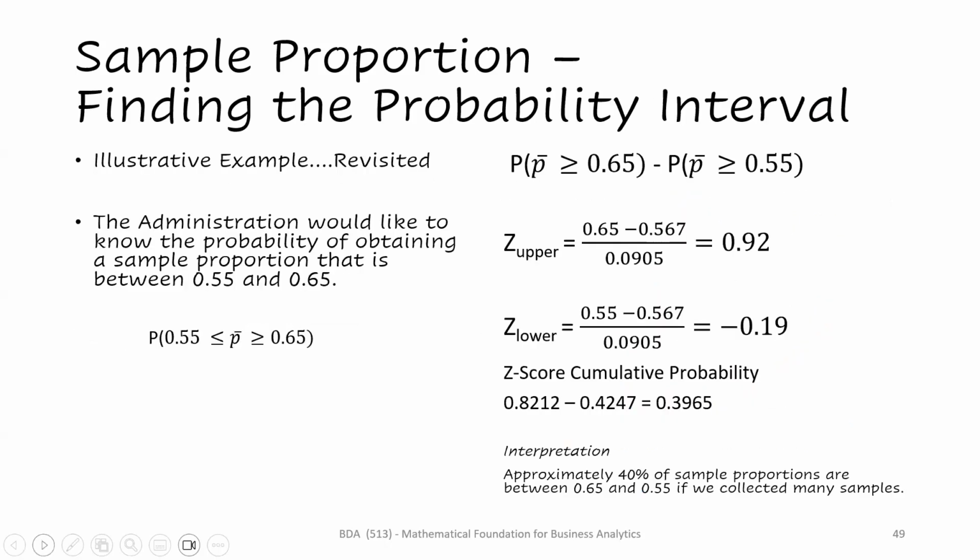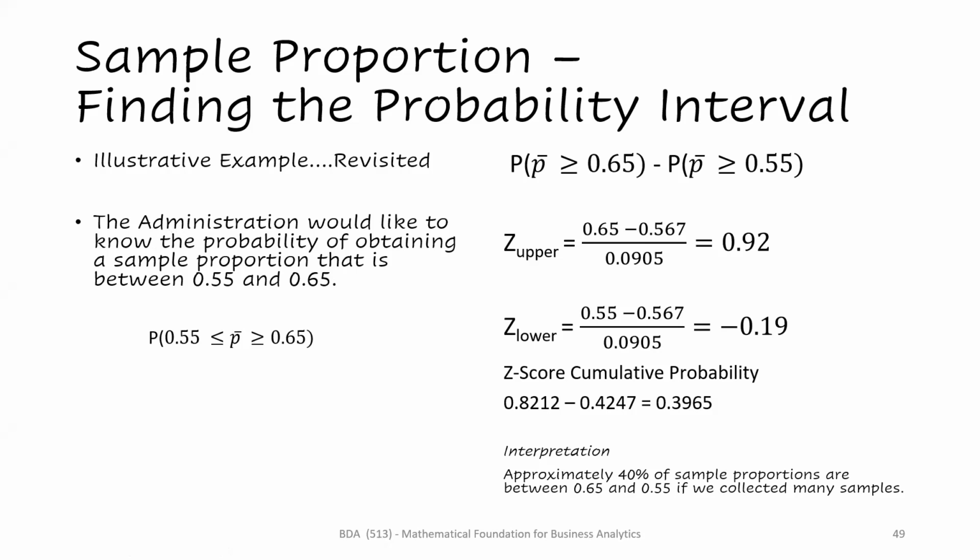So if that is the case, administration would like to know the probability of obtaining a sample proportion that is between 0.55 and 0.65. So this number has been given to us.